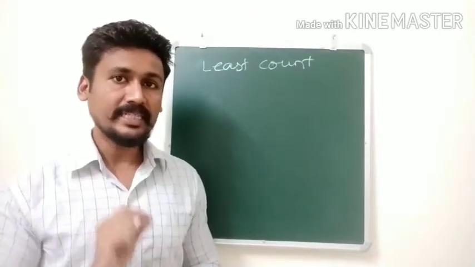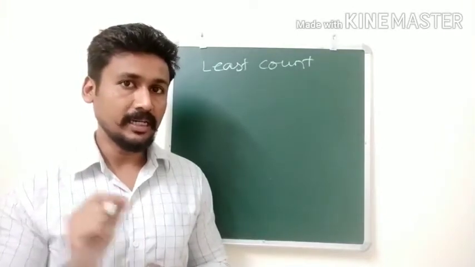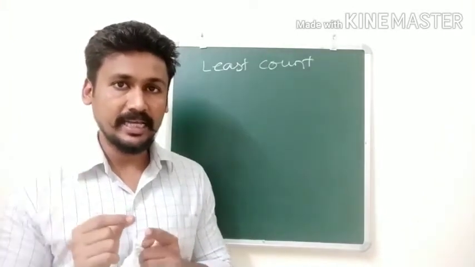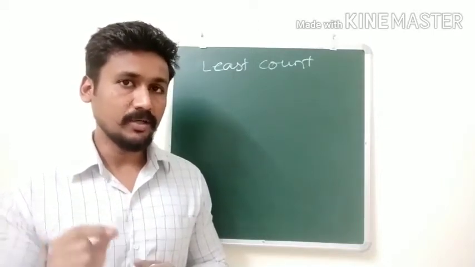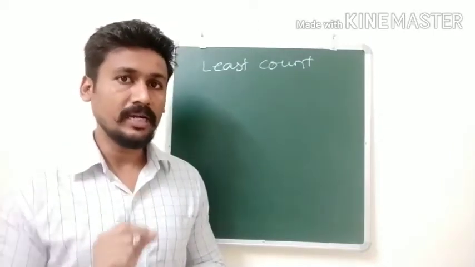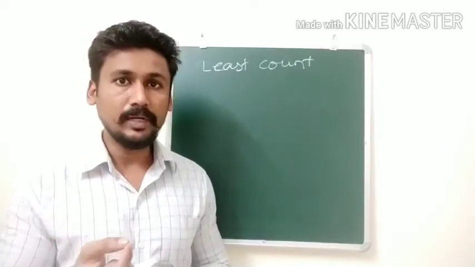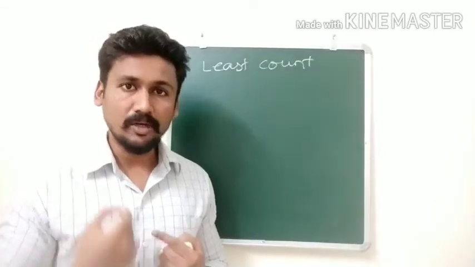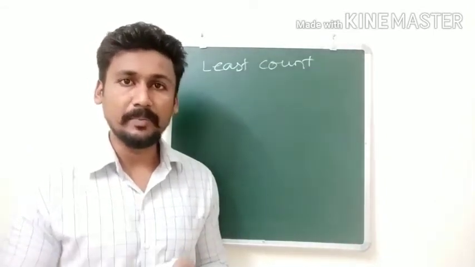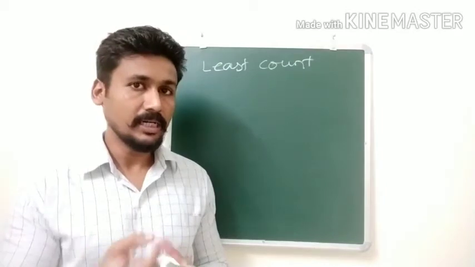Okay, so let us imagine that we are measuring some kind of length, or some kind of quantity that we want to measure, right? And we are using some kind of instrument to do that measurement. Now in day-to-day life, normally what we see, we use a measuring tape. We want to measure the length of a room, we want to measure the length of a table, correct? For that we will use a measuring tape.